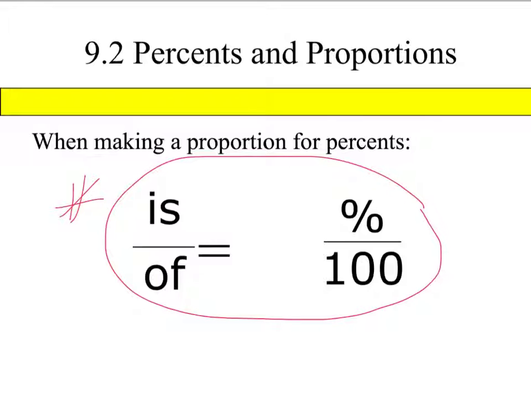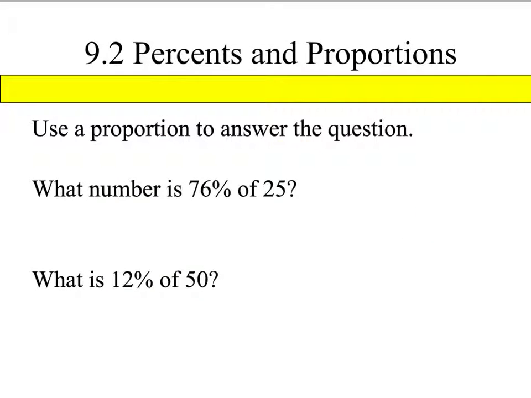Let's try a few. Now, use a proportion to answer the following questions. The question asks, what number is 76% of 25? Now, when we look at this, we just wrote a proportion saying is over of is equal to percent over 100.